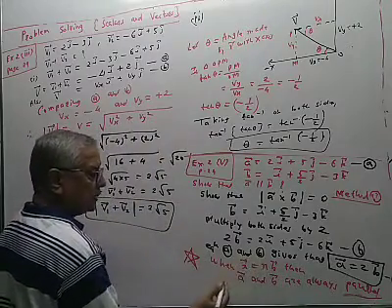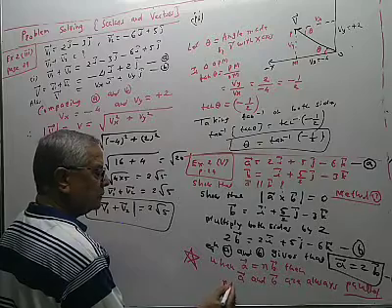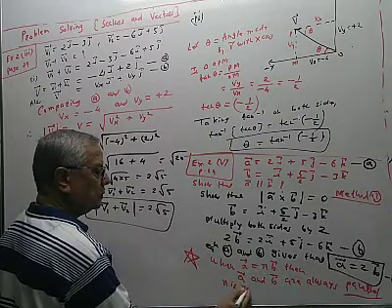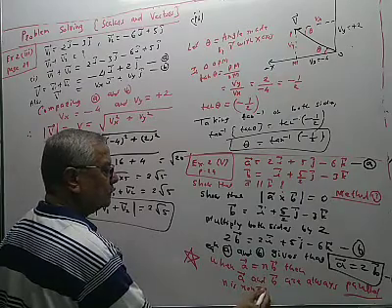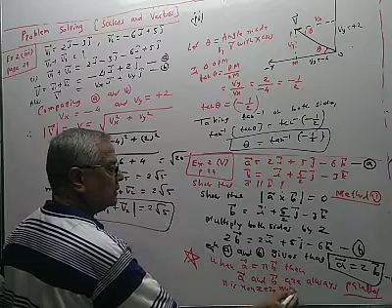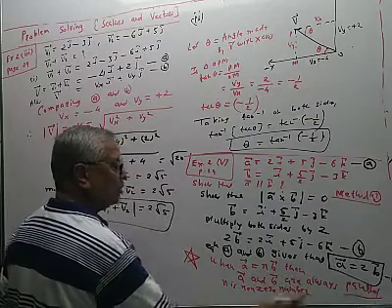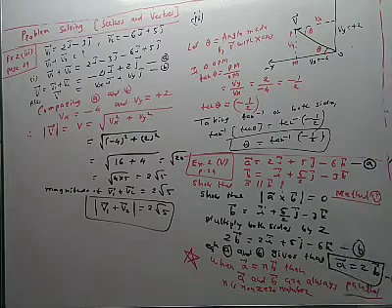So n is a non-zero number, may be integer, may be positive integer, may be negative integer. So this is the important property.